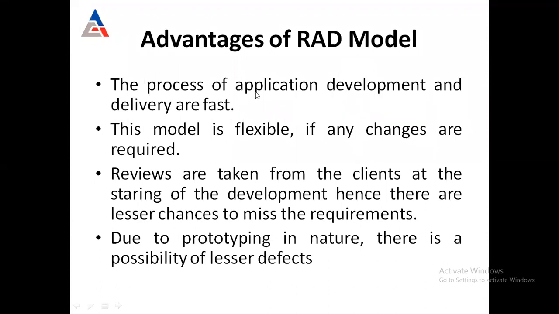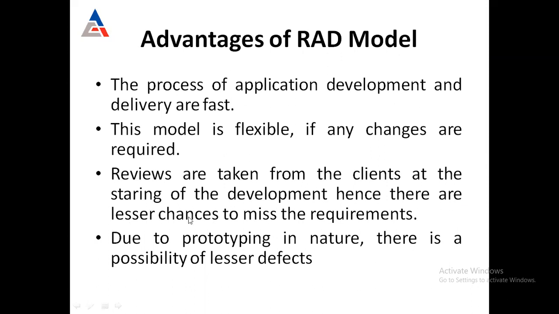The process of application development and delivery are fast because all the work is being done in parallel. This model is flexible if any changes are required, because the customer is also involved in the development of each and every phase, so the changes can be easily done. A review is taken from the client at the steering of development.